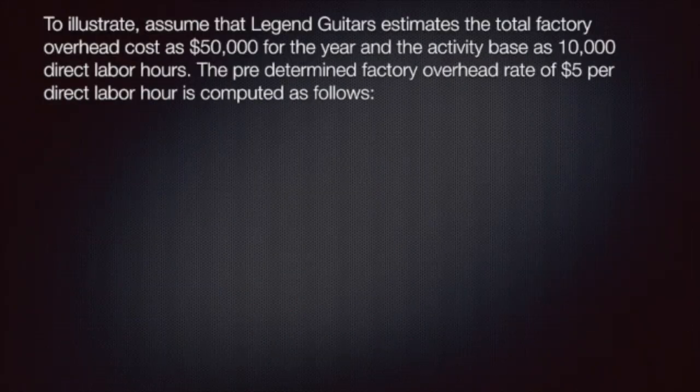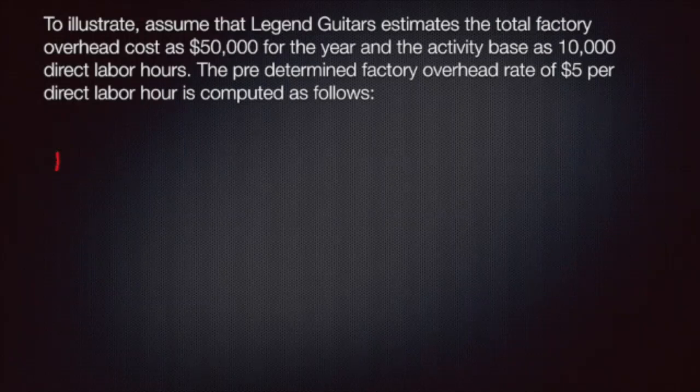To illustrate, assume that Legend Guitars estimates the total factory overhead cost as $50,000 for the year and the activity base as 10,000 direct labor hours. The predetermined factory overhead rate of $5 per direct labor hour is computed as follows.